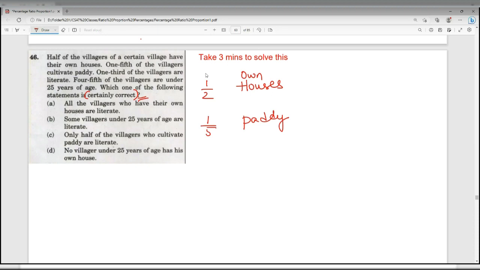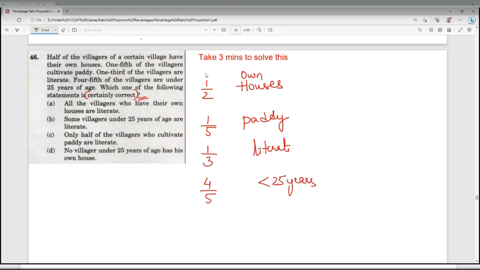And then 1/3 are literate. 1/3 are literate. 4/5 of the villagers are under 25 years of age. 4/5 of the villagers are less than 25 years of age.